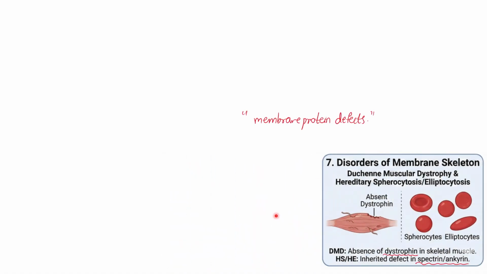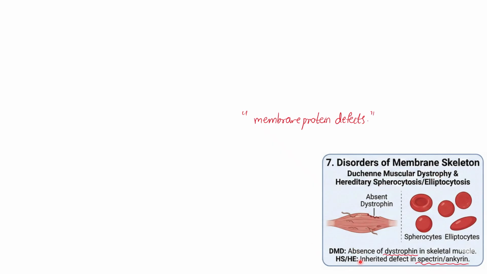And then, now coming to the disorders of the membrane skeleton, membrane protein defects again. In diseases like Duchenne muscular dystrophy and hereditary spherocytosis or elliptocytosis, there are defects in the membrane proteins. In DMD, there is complete absence of the protein dystrophin.